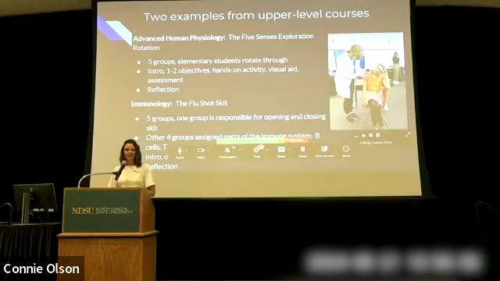So I changed it a little bit, and I have a group that's responsible for an opening skit. Then I divided the rest of the class into 4 groups. Each has different parts of the immune system: B cells, T cells, phagocytes, and I'm trying to remember what's hidden underneath here. I can't remember, but it'll be on your slides.